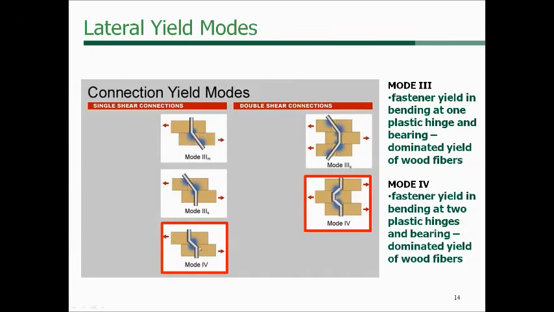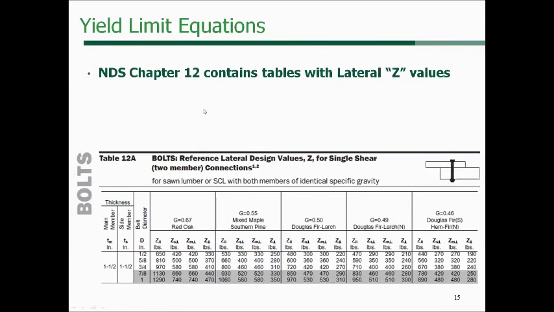And so for single shear, we've got hinges forming on either side of the shear plane, some localized crushing of the wood fibers, and for double shear, you've got that same, 2 hinges forming on either shear plane, and so again, the most flexible, energy absorbing type of fastening approach there.